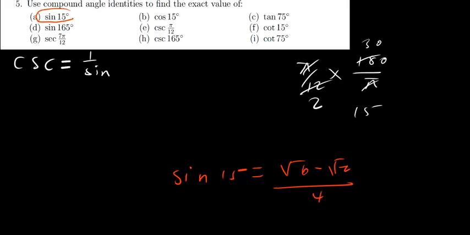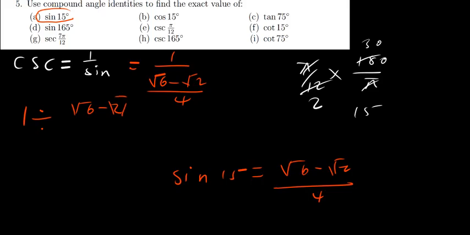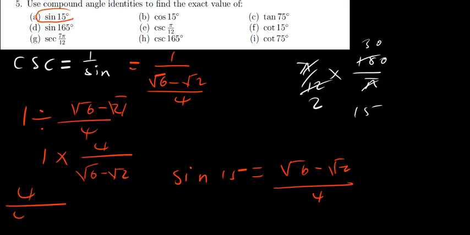So this is the same as we are finding 1 over root 6 minus root 2 divided by 4. So this will be 1 divided by root 6 minus root 2 divided by 4, then 1 times 4 over root 6 minus root 2. So the final answer will be 4 divided by root 6 minus root 2. That will be the answer. I don't want to waste time because we have already found this.